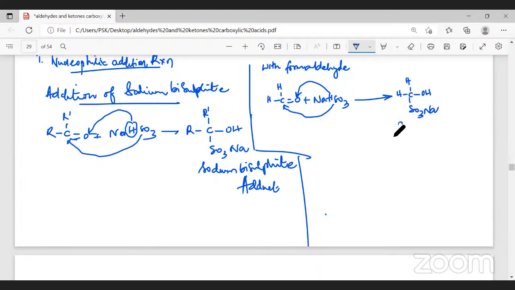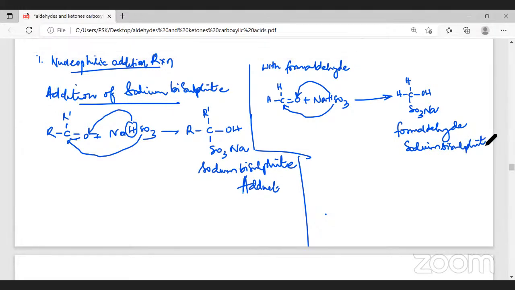This will be called formaldehyde sodium bisulfite.